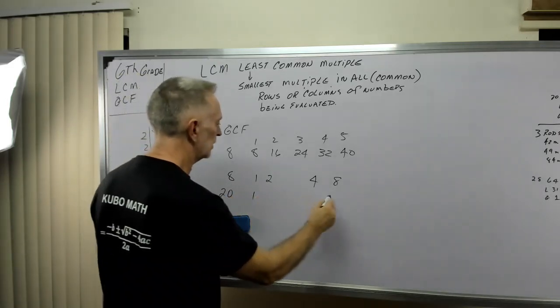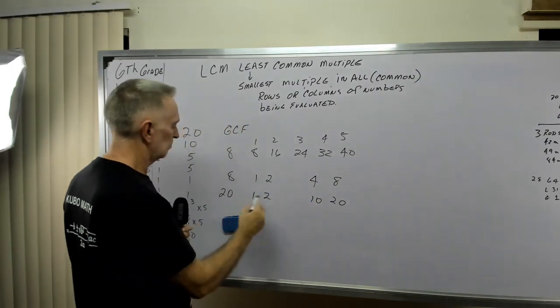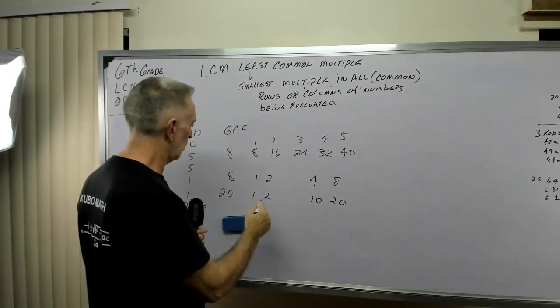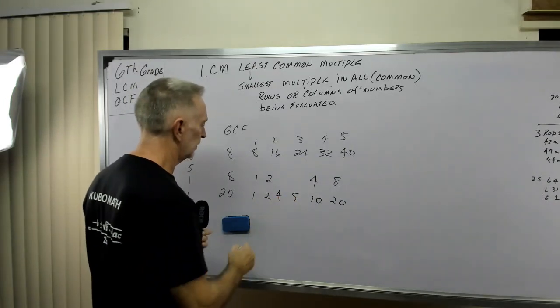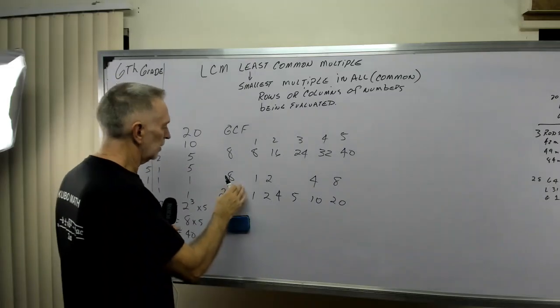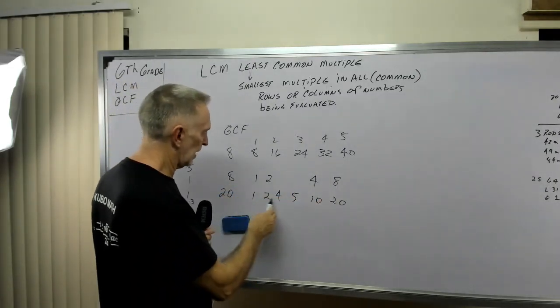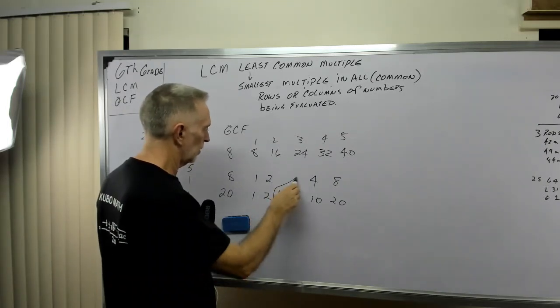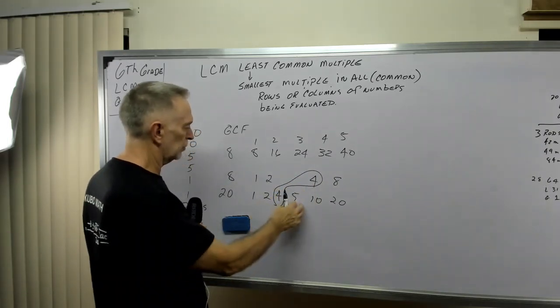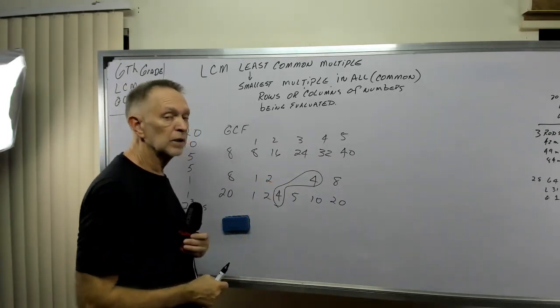Okay, I've got 1 times 20, 2 times 10, 3 doesn't go, 4 times 5. Okay, so I can see that the greatest common factor, I don't have an 8 down here. Oh, I have a 4. So I have some 4s. I don't have 5 10s. The greatest common factor is 4.